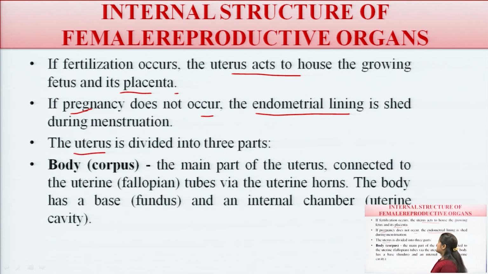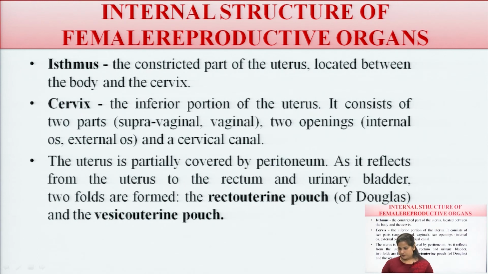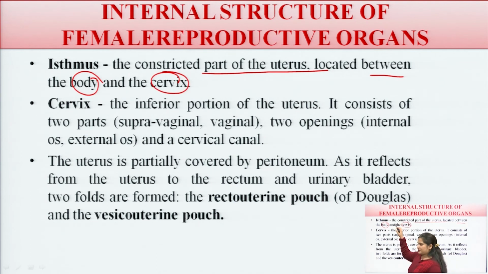The uterus is divided into 3 subparts. The first is the body. It is the main part of the uterus, connected with the uterine horns, and it is an internal chamber, a hollow cavity. Now, the isthmus is the part of the uterus located between the body and the cervix, right.